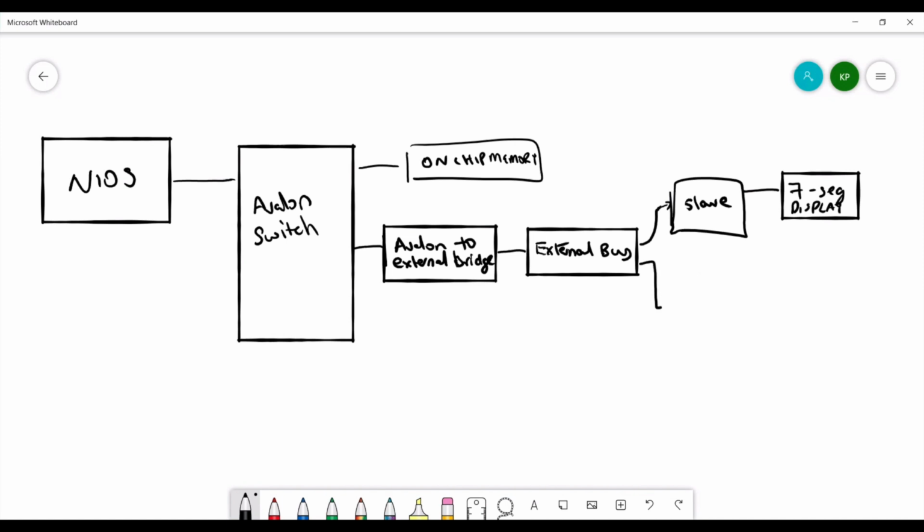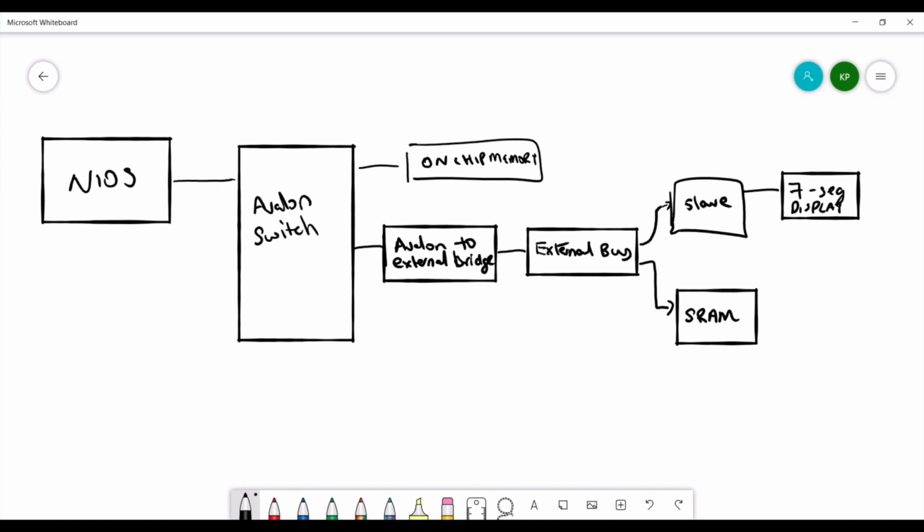And then over here you also have, does that look about right? Yep, so that looks good for the overall block diagram.